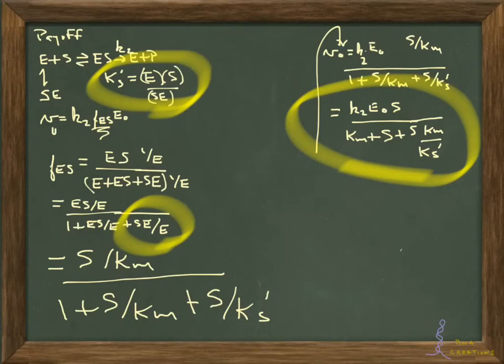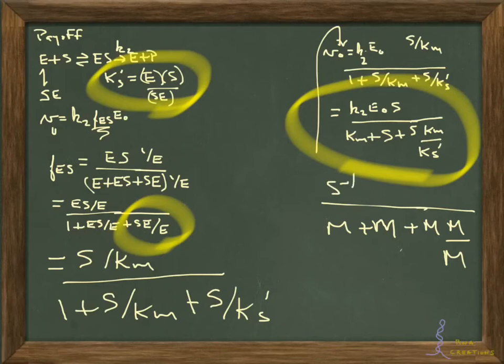So from a unit point of view, we have molar plus molar times molar over molar. So we can add them all together. And then in the numerator, we have k2, which has units of inverse time, a unimolecular rate constant, then E is molar and S is molar. And you can see that that's going to come out in terms of a rate, molar per second, right?